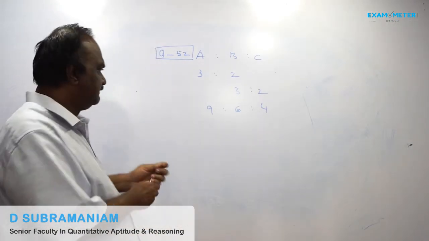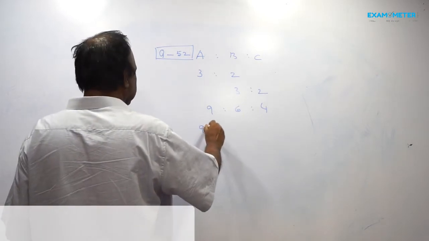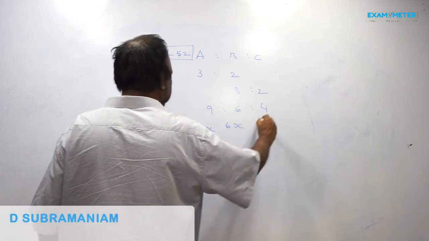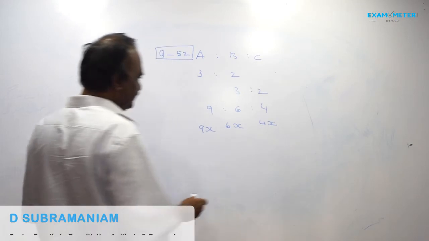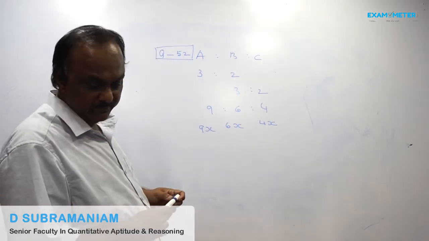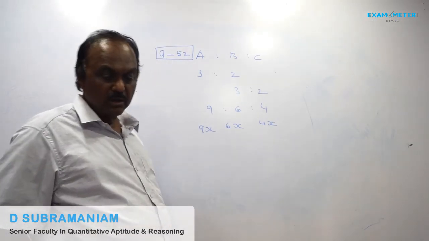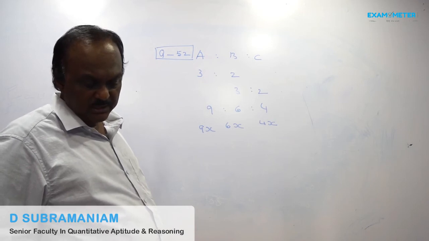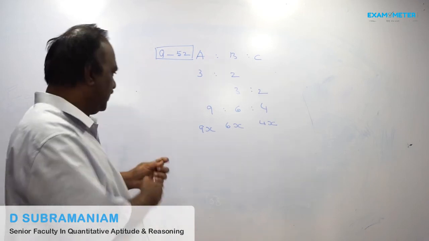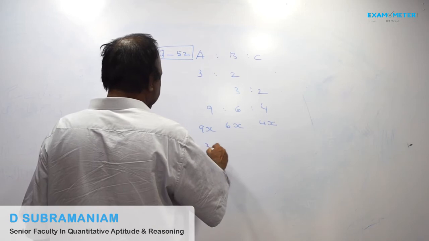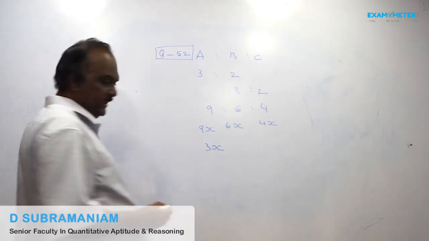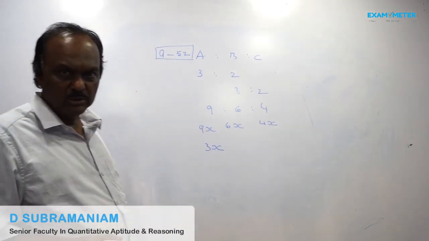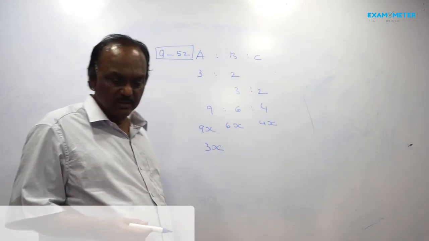That means 9x, 6x, 4x. Now they are telling us about a third of A's income, that is 1/3 of A. A's income is 9x, 1/3 will be 3x.